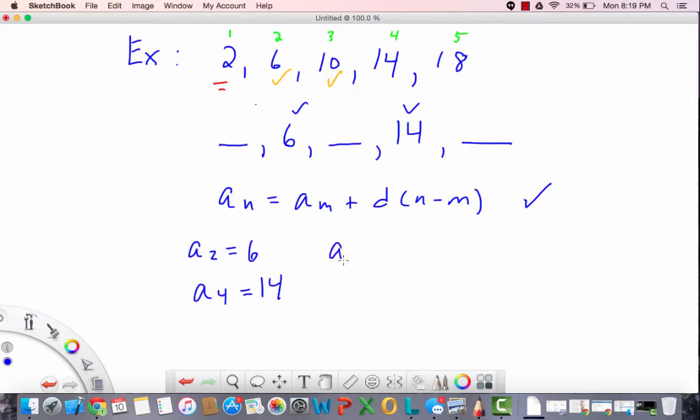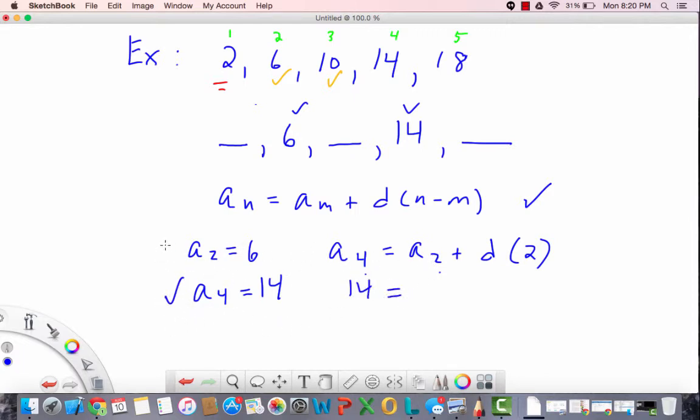In other words, we'll say a sub 4 equals a sub 2 plus d, now we don't know d, that's okay, we're going to find it, times n minus m. 4 minus 2, that's 2. By substitution, a sub 4 is 14, right? That's right there.